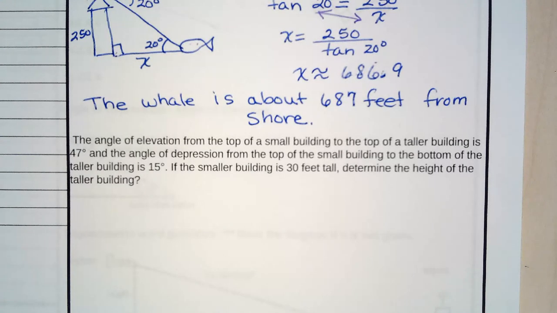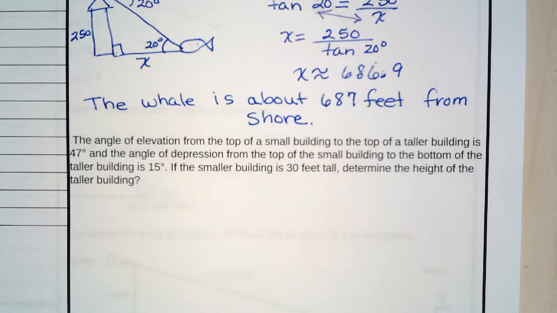The angle of elevation from the top of a small building to the top of a larger building is 47 degrees. And the angle of depression from the top of the small building to the bottom of the taller building is 15 degrees. If the smaller building is 30 feet tall, determine the height of the taller building.